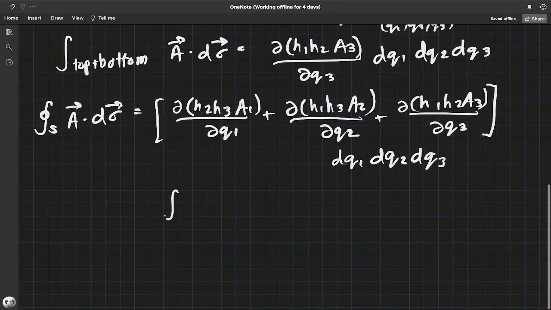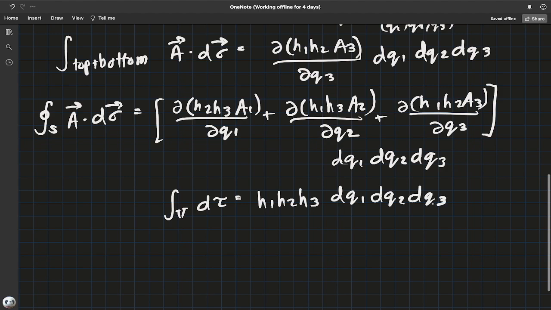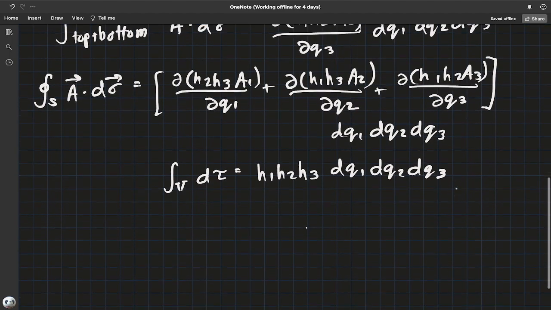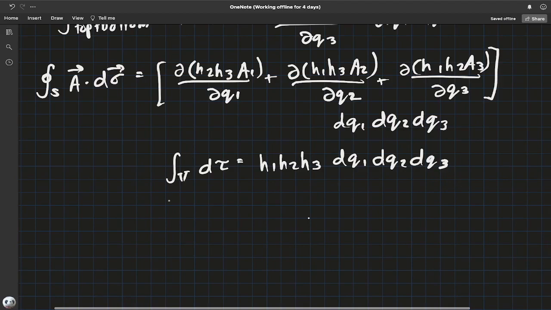The bottom part, volume integral, say d tau of this differential volume element, is simple. You just use the definition of that. It's going to be h1, h2, h3, dq1, dq2, dq3. And we don't need to add any dependencies here, because we integrated over everything now.